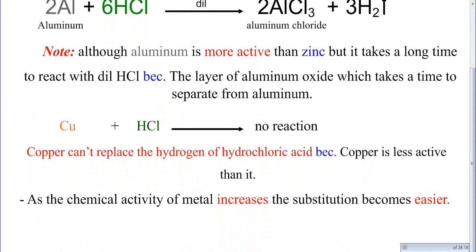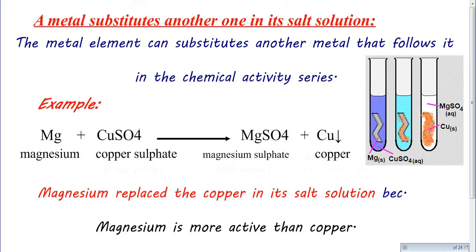From the previous examples we can note that as the chemical activity of the elements increases, the substitution becomes easier. The third example: a metal substitutes another metal in its salt solution. Metals can substitute each other according to the difference in their chemical activity.